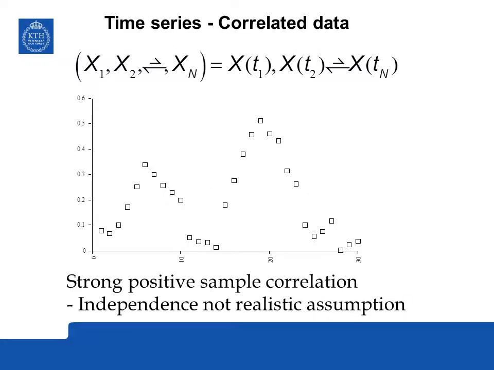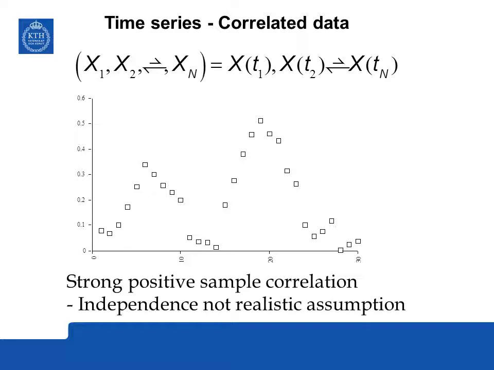Now, what if the samples behave as in this figure. So our samples can be seen as observations from our system at times t1, t2 up to tn. And they behave like this. And this is a typical example of where the samples exhibit a strong positive sample correlation.